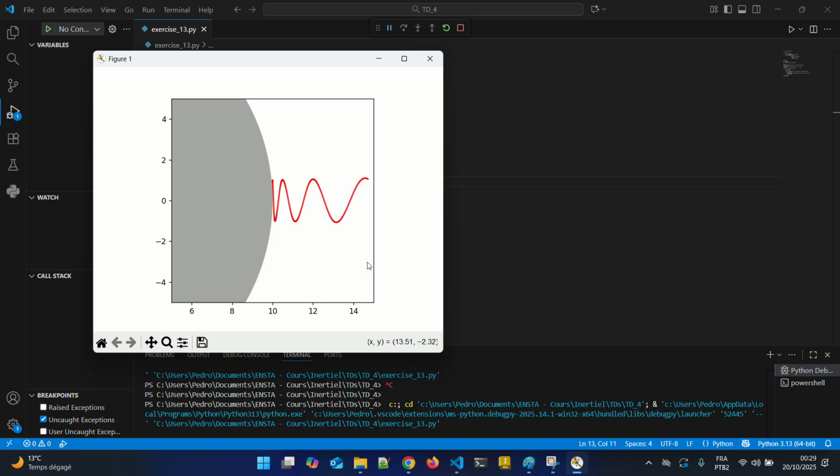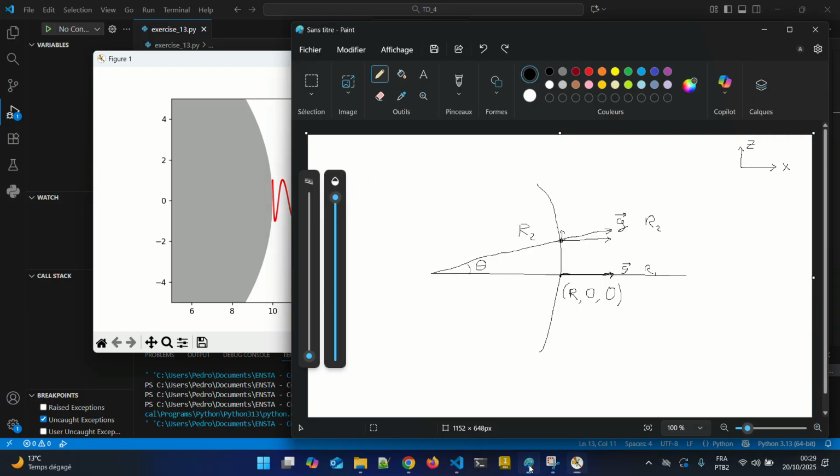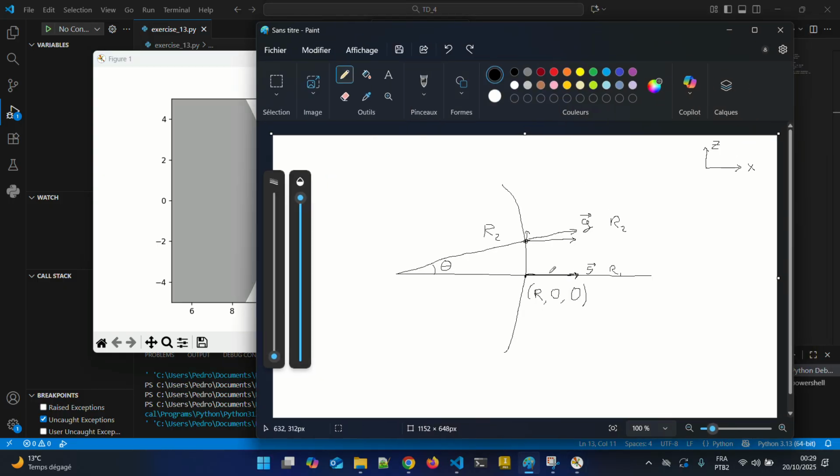So what happens here is that the inertial unit is not actually feeling this G vector right here at R1. It is feeling the deviated value of G. The G here has a component in the Z direction and a component in the X direction, and its component in the X direction was slightly diminished by a factor of 1 minus cosine of theta.